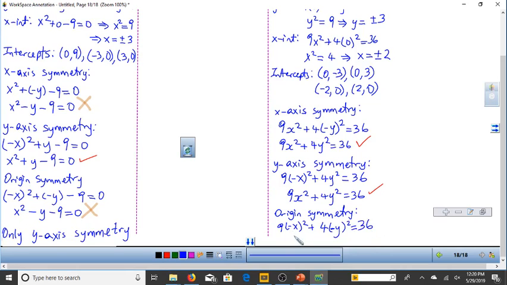Turns out both of them work out to be exactly the same as they were before. And therefore, this graph also has origin symmetry. So therefore, this graph has y-axis symmetry, x-axis symmetry, and origin symmetry.